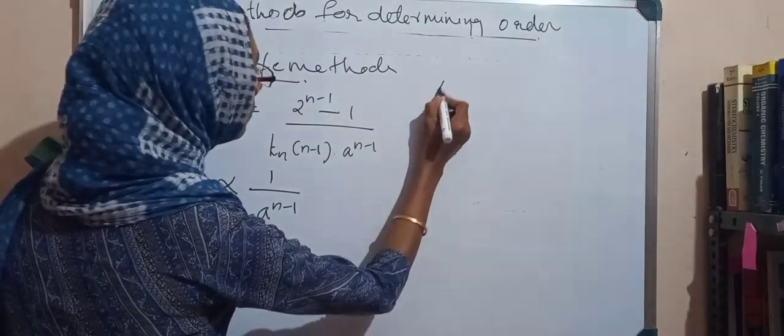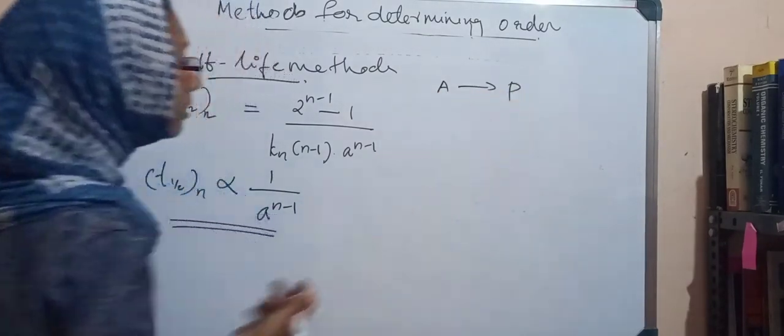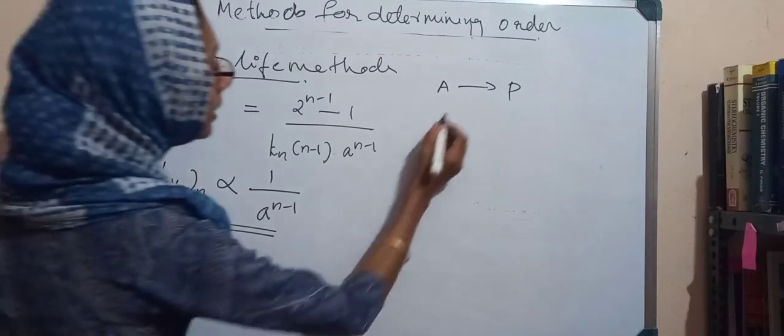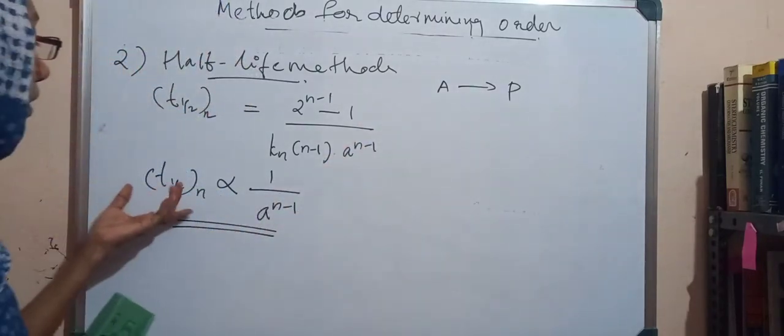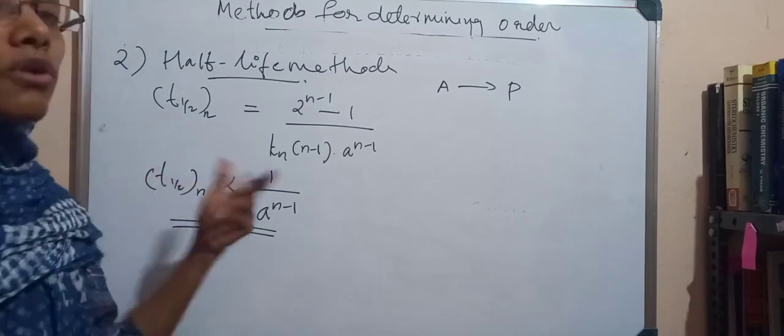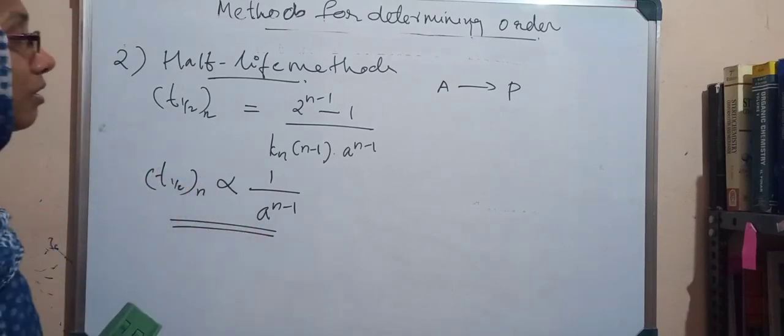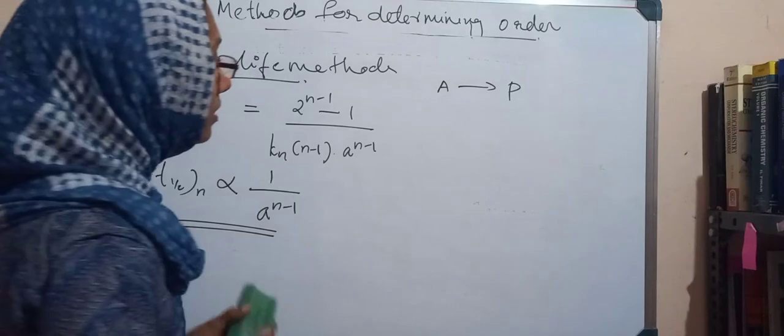In this method, we calculate the T half of the reaction at different concentrations by varying the concentration of the reactant.